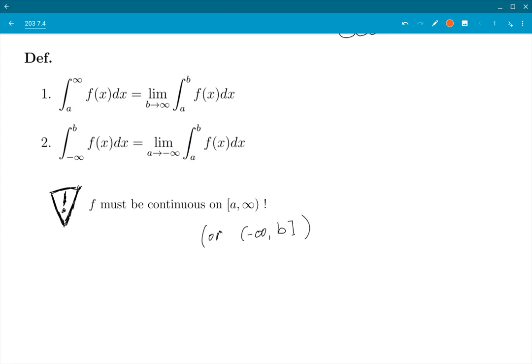So pause and copy. Now, these guys here are called improper integrals, because there's something improper about the interval that's being considered.